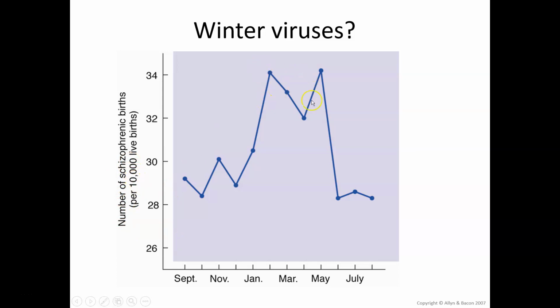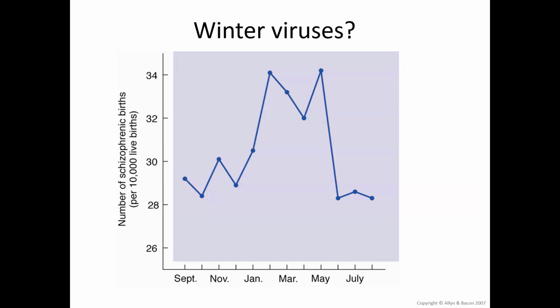You can see that we get this interesting little spike around the winter months. Part of the reason that a spring birth seems to play a role in the development of schizophrenia is that it's been theorized to be because of exposure to viruses in the winter.